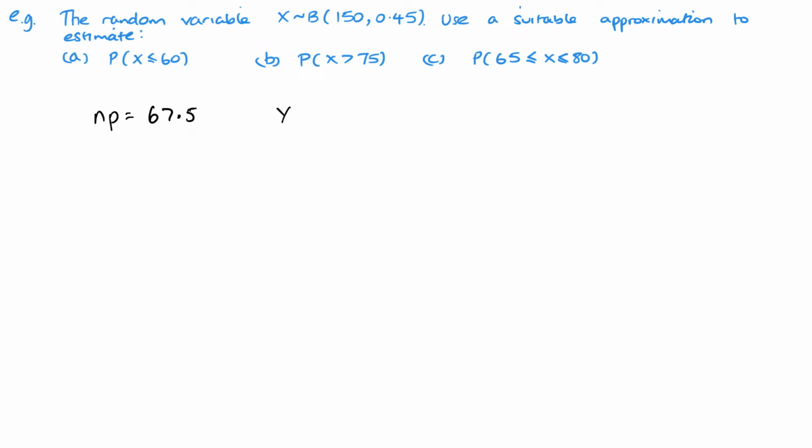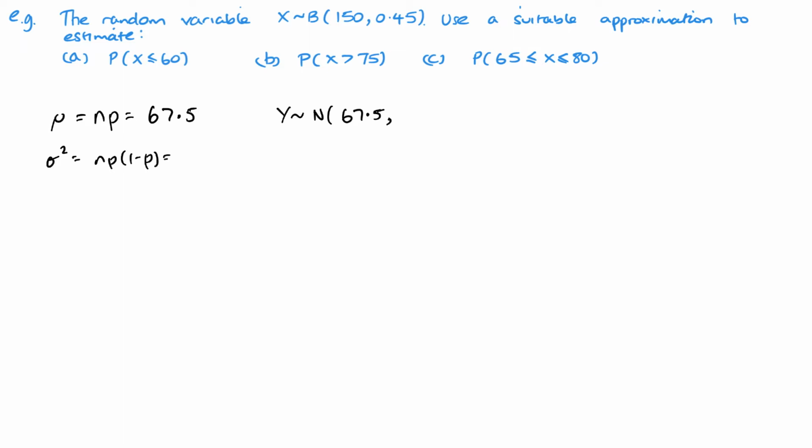So I'm going to call it y, and normal, and then my np is 67.5. And then I want to find my variance, don't I? So this was our mean, and our variance is np(1 minus p).